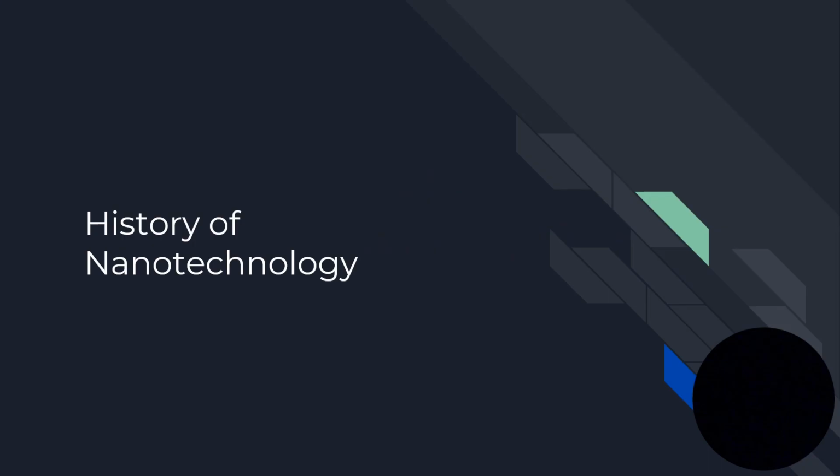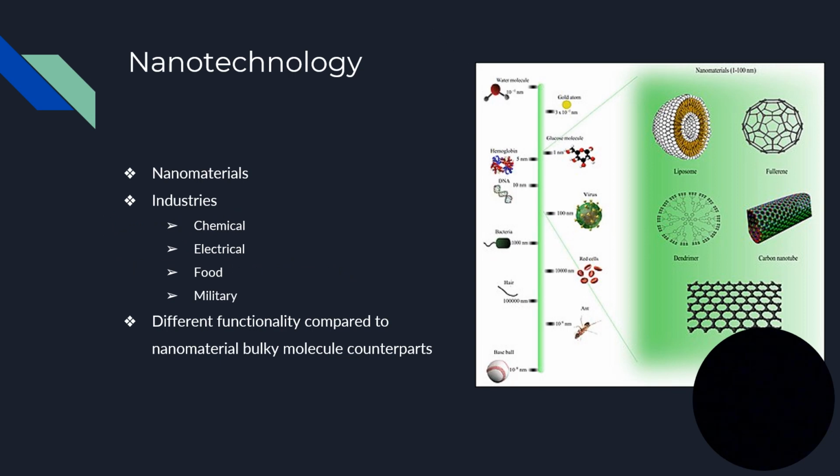Alright, so we're going to look into a little bit of the history of nanotechnology. Nanotechnology is a branch of technology that deals with dimensions and tolerances of less than 100 nanometers, especially the manipulation of individual atoms and molecules.